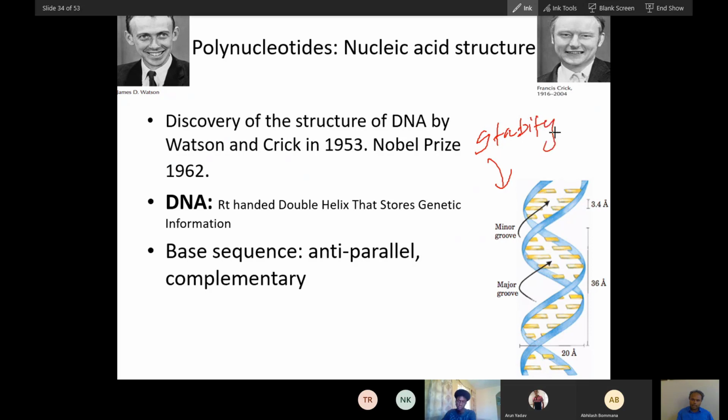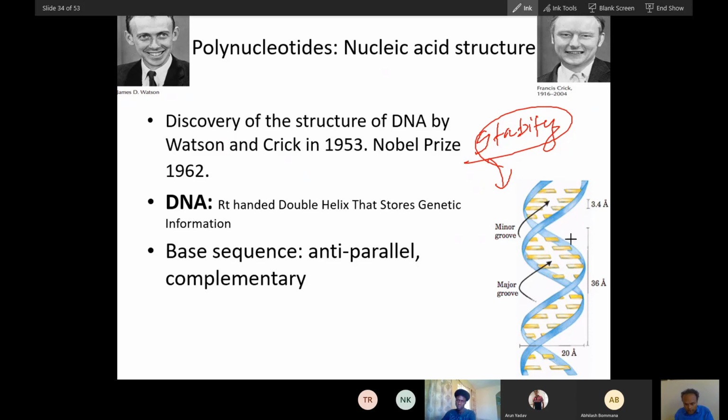Because DNA is made by an endergonic process. Anything made by an endergonic process requires energy, for example wood, which when you burn it converts into carbon dioxide. So it is not thermodynamically that stable, but when it rotates, it becomes stable.